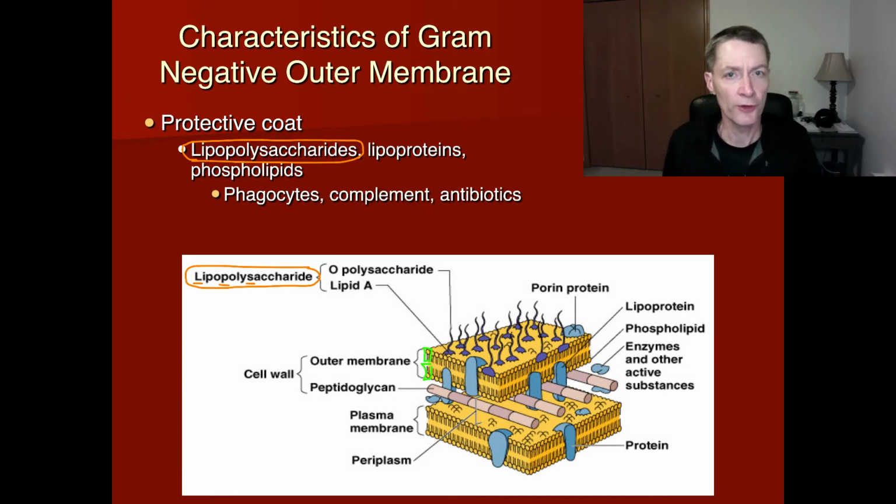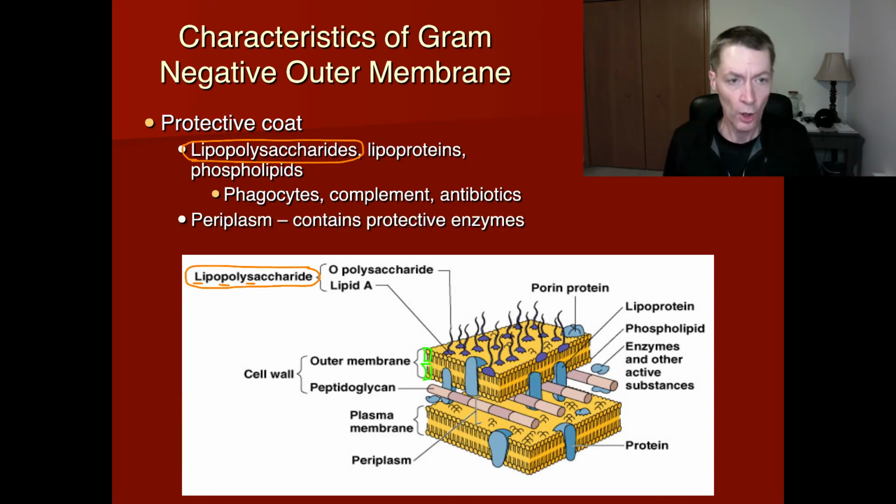Now, something also important about the outside membrane here is that it actually does affect how phagocytes interact with these organisms, how it is that antibiotics interact with these organisms, like I already mentioned. Also, within the periplasm that I already mentioned, we have this little gap in between the two membranes. This periplasm for gram-negative organisms will often contain protective enzymes.